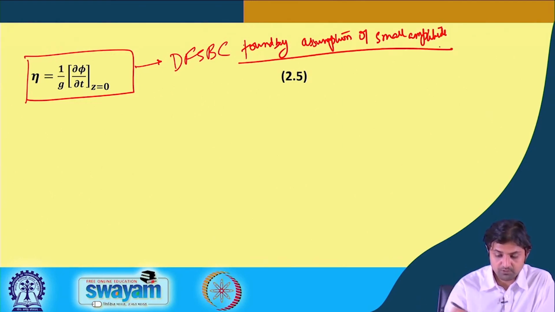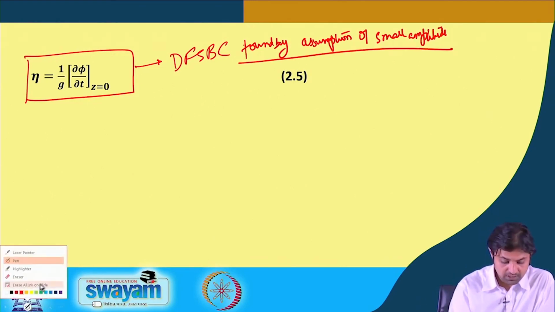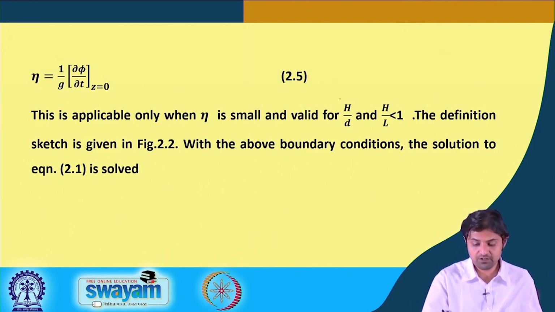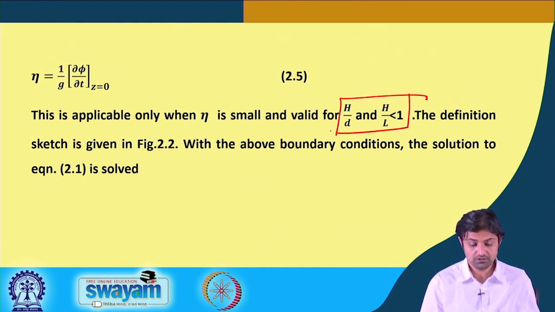This has been found out by the assumption of small amplitude, alright. So, this is applicable only when eta is small and valid for these conditions, which you do not have to worry about now. So, I will show you the definition sketch.